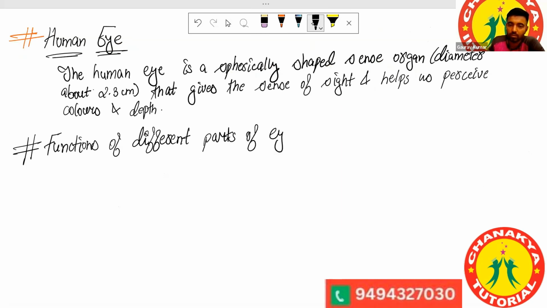Okay, let me show you a picture and then we will write the function.